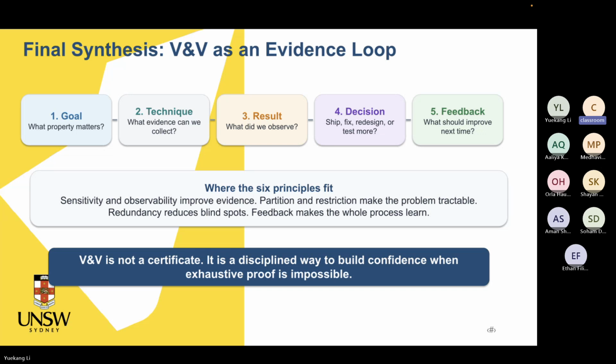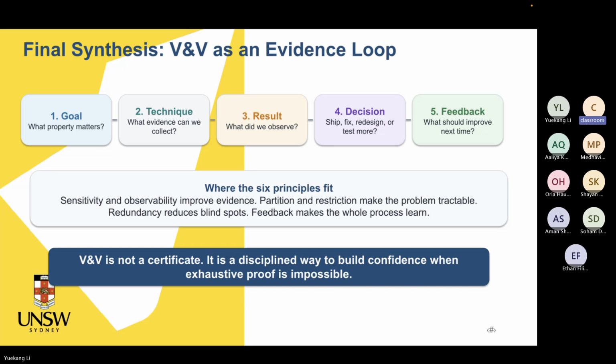So for verification, we often show the existence of the bug via some kind of description. And for validation or testing techniques, we can show the evidence as a test case. And then once we have the technique, we can get the result, and the result is according to what we can observe, right?